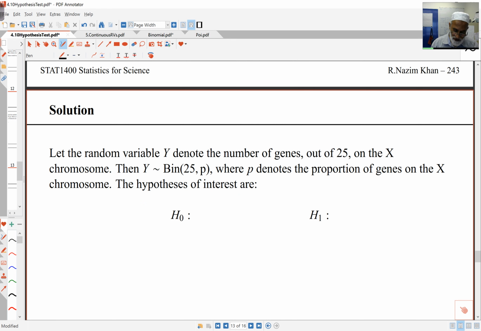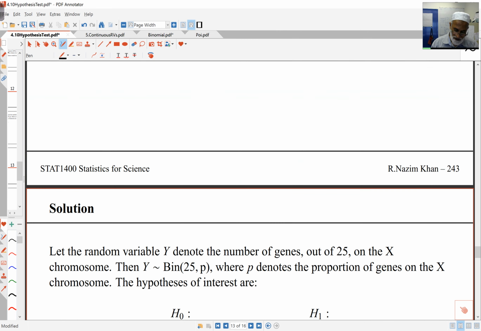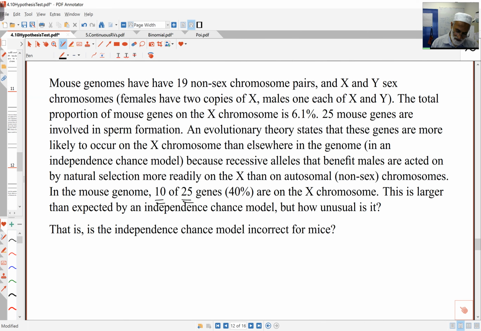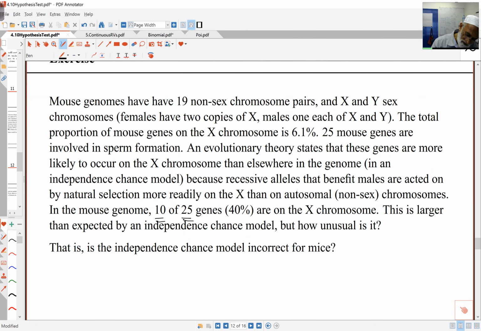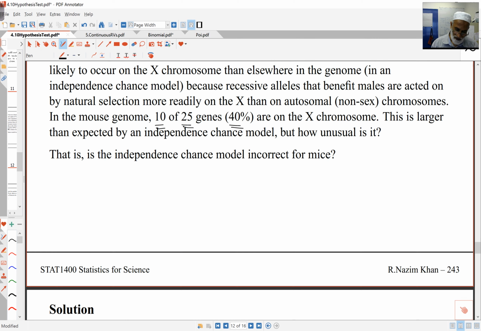So the hypotheses of interest here, you can formulate that yourself and see what you get. Because as it says earlier here, the total proportion is 6.1%, and so what we're getting is much more than that. In other words, we will take a look at this independent chance model compared to the other evolutionary model.